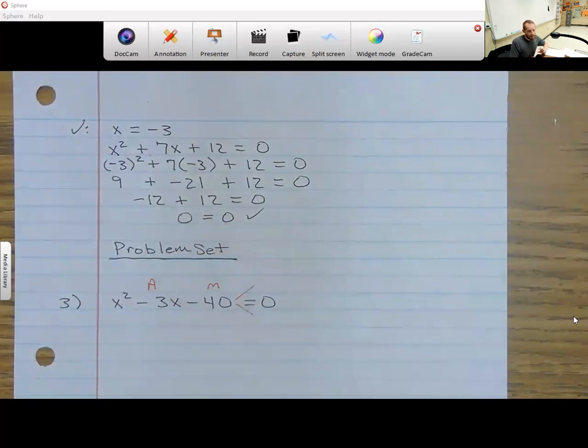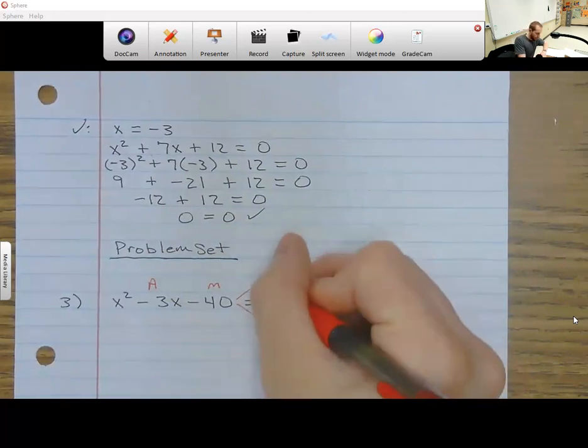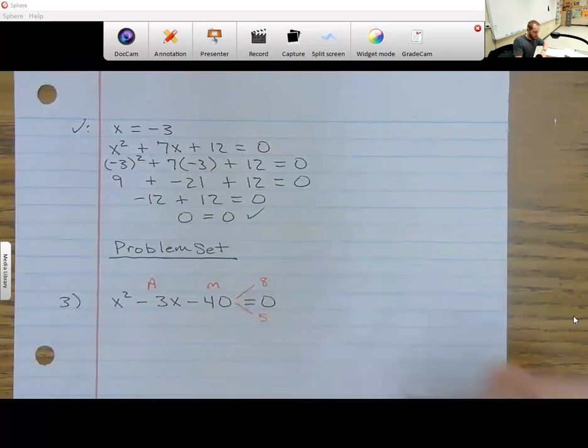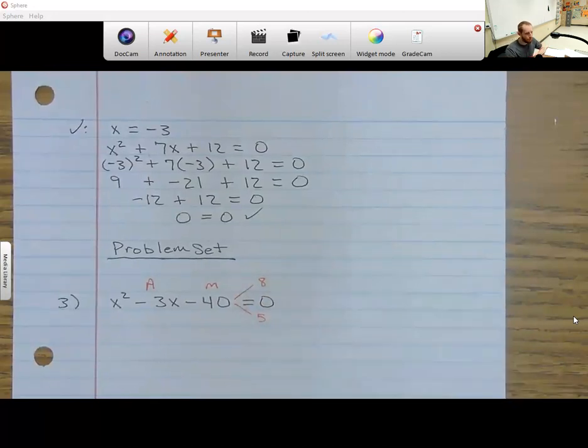Well, without thinking of the negatives first, let's just think of two numbers that'll multiply to 40. 10 and 4, right? But I'm not going to write those down because they're not going to add up to give me a negative 3. So the 10 and the 4 I can't use. Instead, I'm going to try some kind of 8 and some kind of 5. So that way it'll multiply to 40.